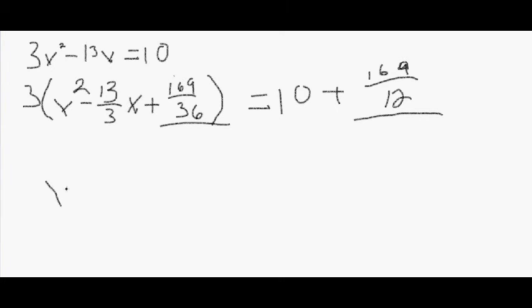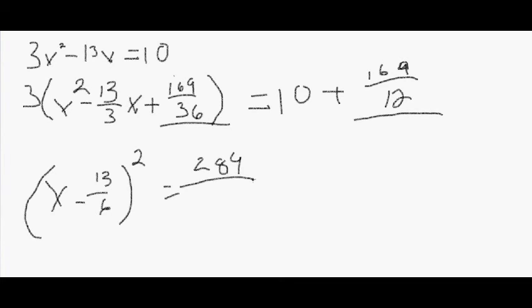So what happens now is, after you do a whole bunch of math, we're going to be left with x minus 13 over 6 squared, that's what we're trying to do, equals, after we combine this 10 and this together, 289 over 36.